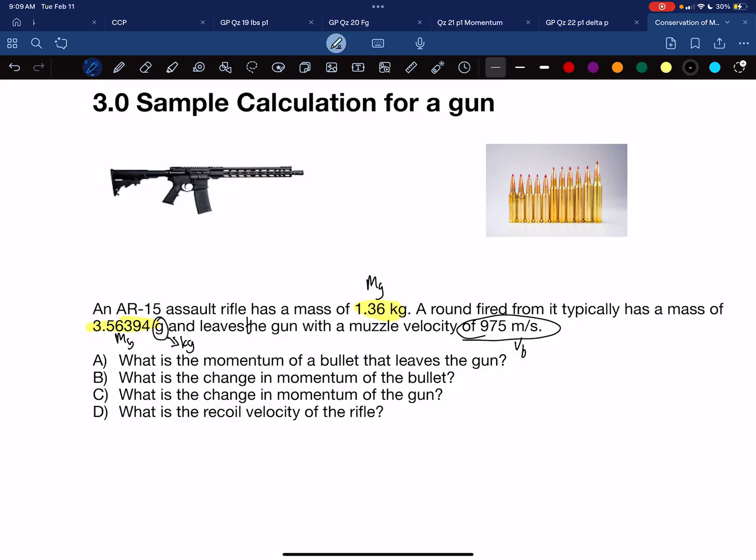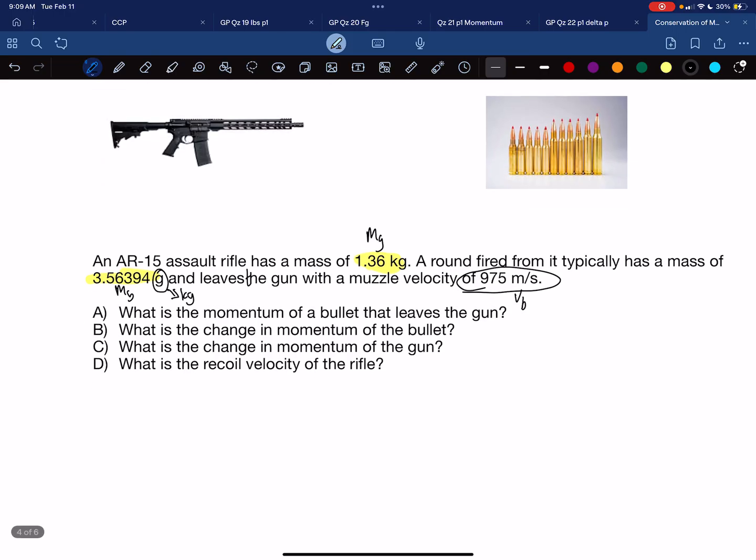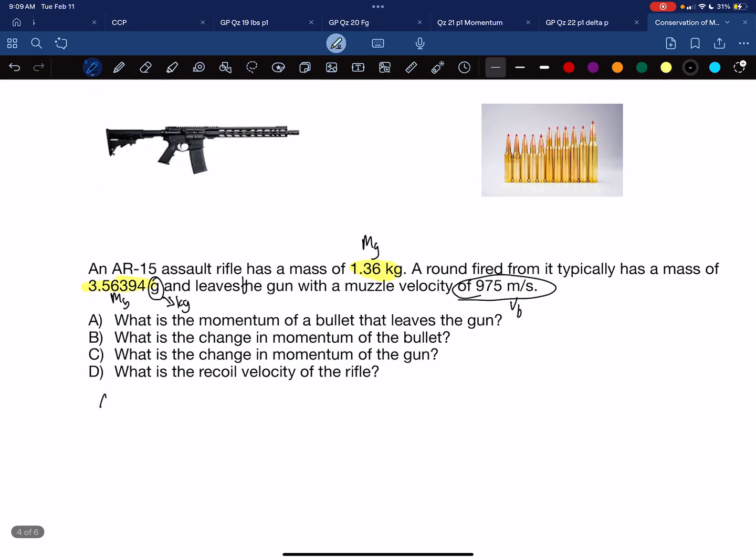We're asked first to determine the momentum of a bullet that leaves the gun. For part A, the momentum is P equals mv. The mass of the bullet is 3.56394 grams, and we want to convert that to kilograms. One kilogram is 10 to the third grams, so we move the decimal place over 3.